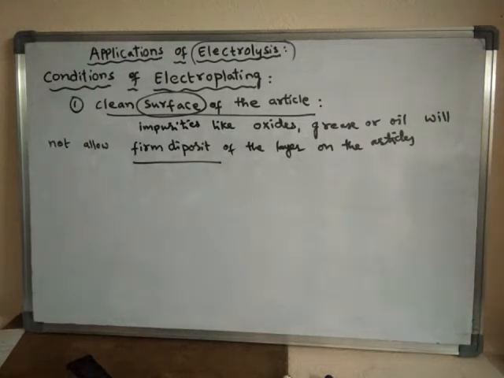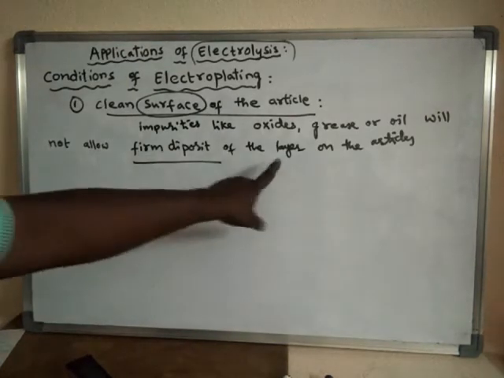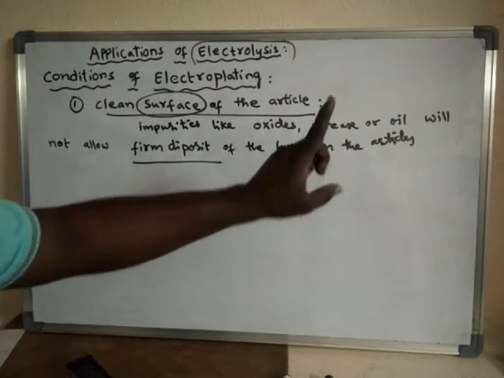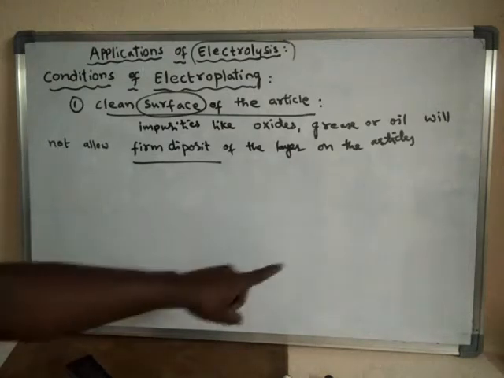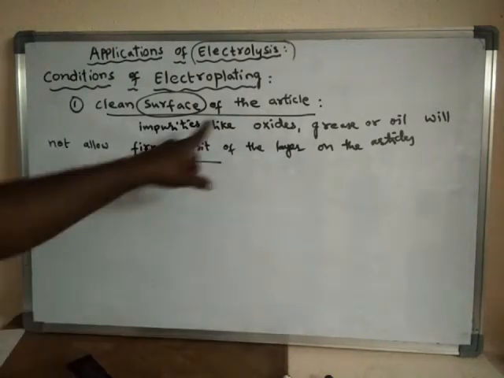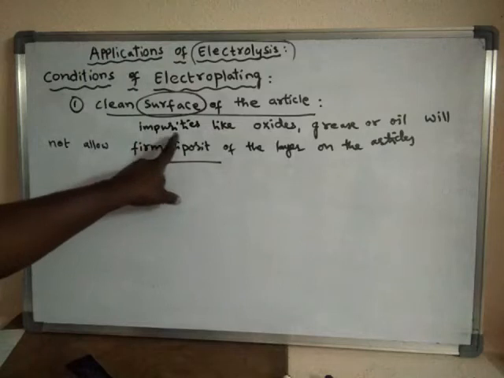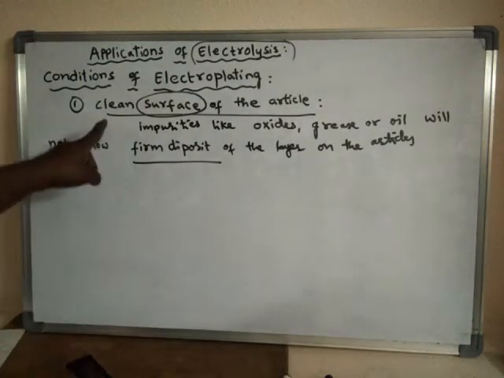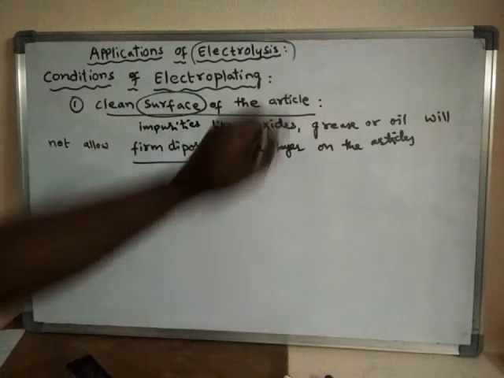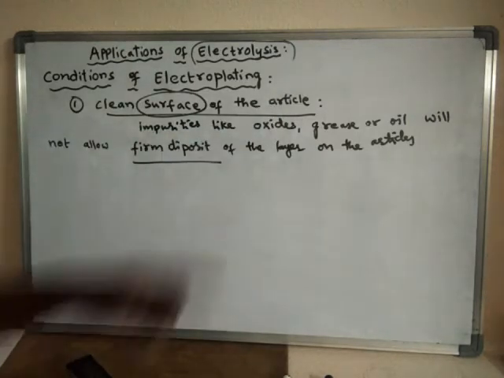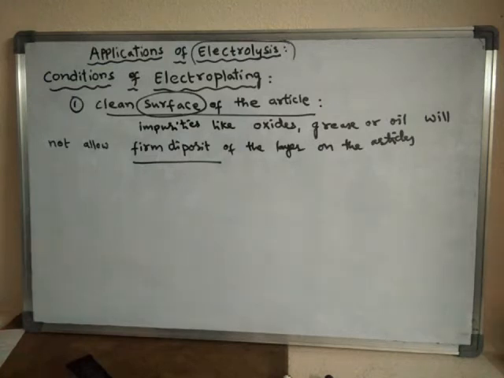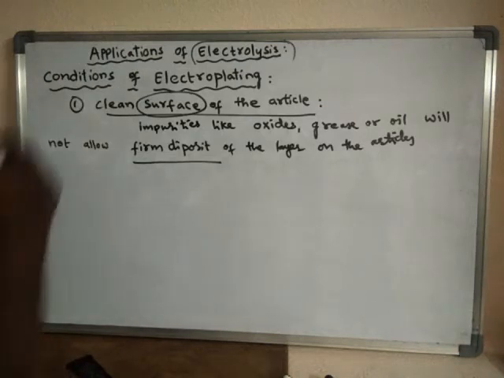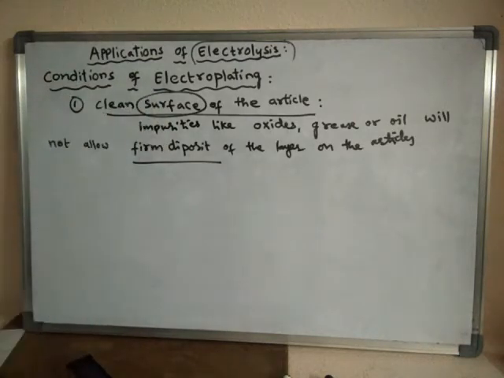In order to give a firm deposit of the superior metal on the inferior metal, the surface of the inferior metal, or base metal, should not have impurities like oxides, grease, etc. So we have to clean the surface before the superior metal is coated on it. This is a very important condition.